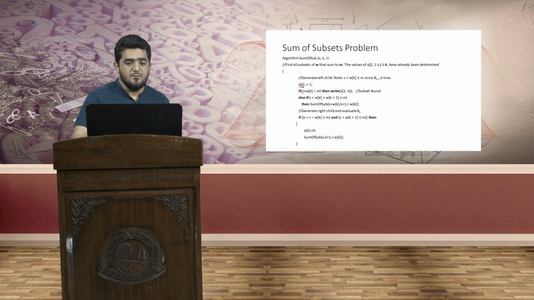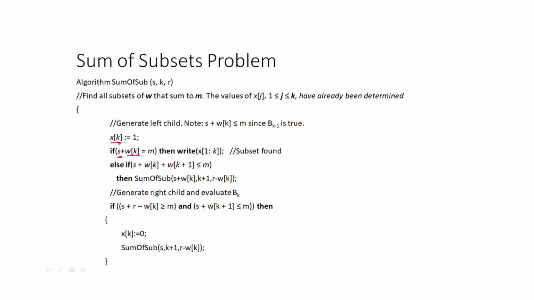So if the sum so far S, which, as I said, would be the sum of the weights so far, plus the current weight, that is passed as a parameter to this particular function, as I earlier told you, is equal to m, then we simply write the solution, then we write the subset, from 1 to k. Now obviously you might see that in certain cases it might display a variable size solution, but you have still got the idea that the values would be 0 or 1 for that case.